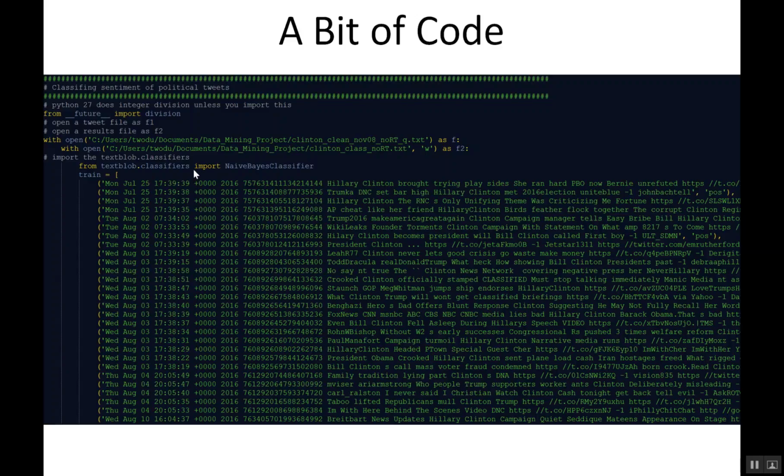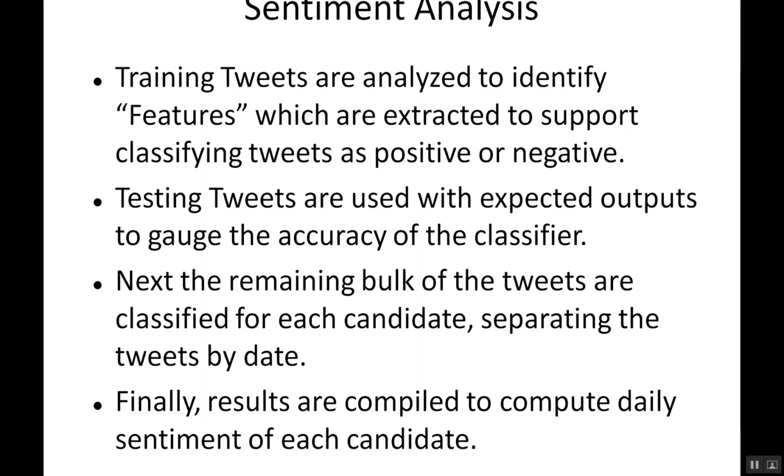Here's my Bayes classifier, and over here is a bunch of the training data. Below it is the testing data, and below that is some more stuff such as summing the sentiment across days. But that's just a teaser.